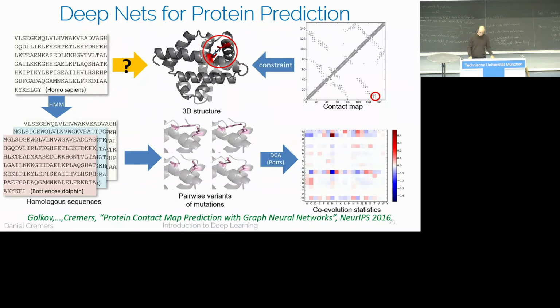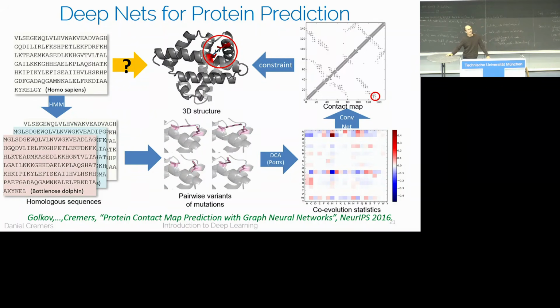And then comes the clue. We take these co-evolution statistics and feed them into a convolutional graph neural network. And that can be trained on a big data set of amino acids with known structure. And it allows us to predict the contact map and hence the 3D structure in what was in 2016 with unprecedented precision.